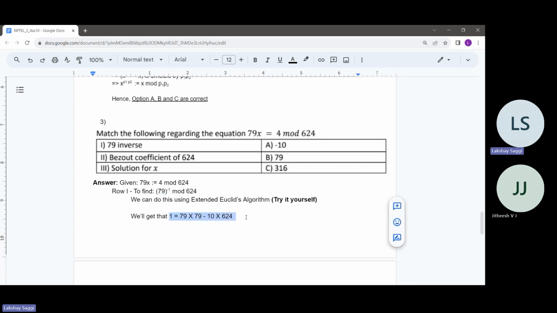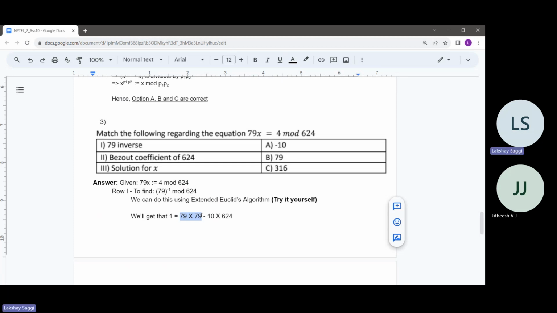You can see from here that taking both sides mod 624, we obtain 79 times 79 mod 624 is equal to 1 mod 624. So when 79 is multiplied by 79, it leaves a remainder of 1 on division by 624.